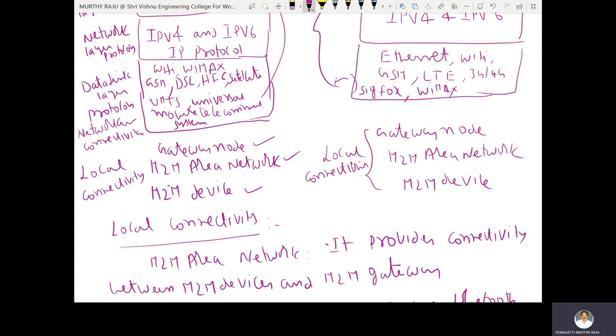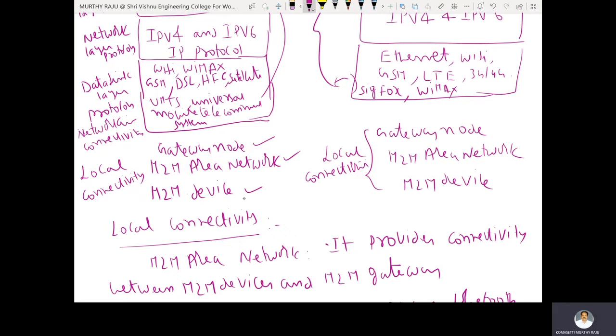In this case, local connectivity is possible in this region. The heart of this local connectivity region is the M2M area network. Some technologies are used to connect these M2M devices based on the application.